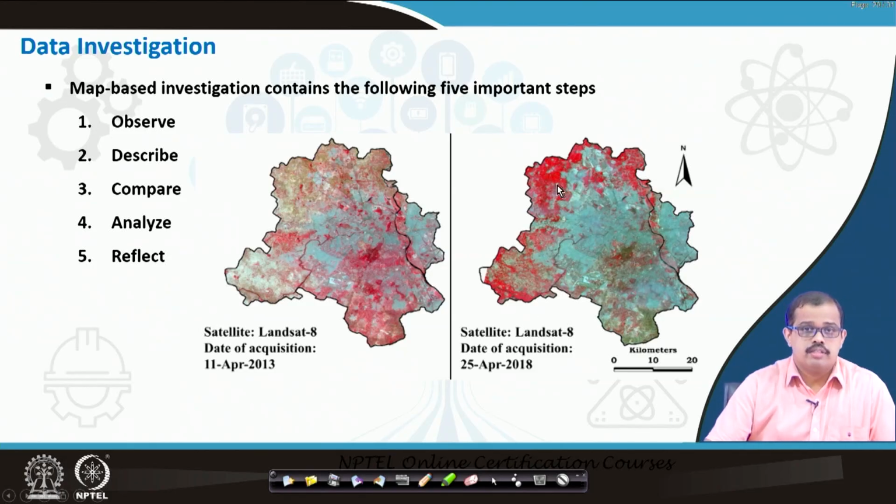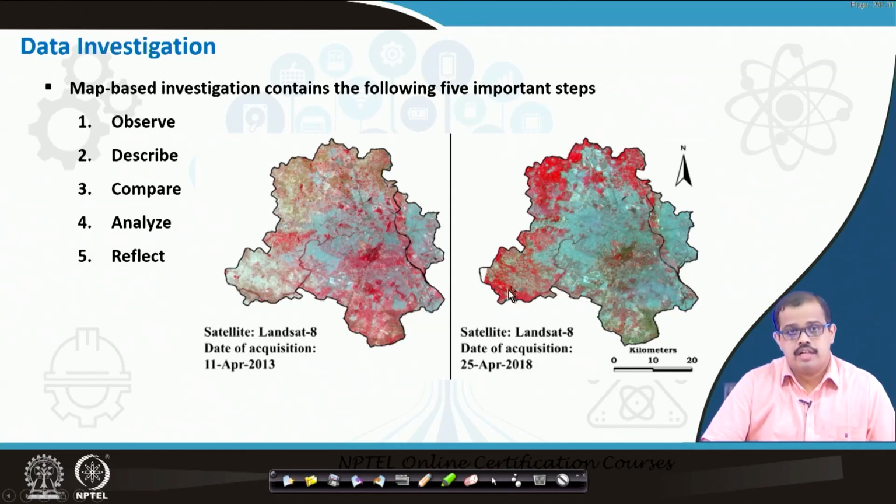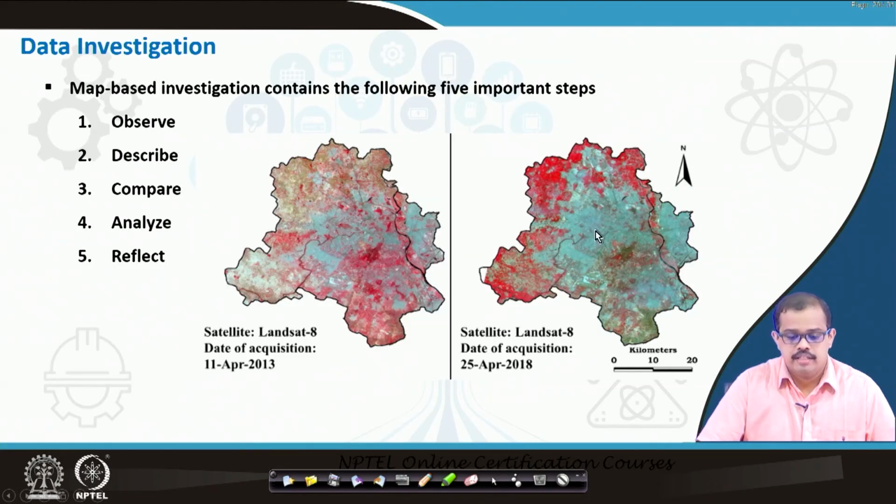These are some of the sparse vegetative regions, or even the thick vegetative regions. When you go to the field, you will understand what kind of vegetative region is there. You can even find a lake, a water body here. And this is a region which is extremely thickly urbanized. This was an urban area, but when you see here, it is extremely urbanized in 2018, and this is the water body that is flowing across.